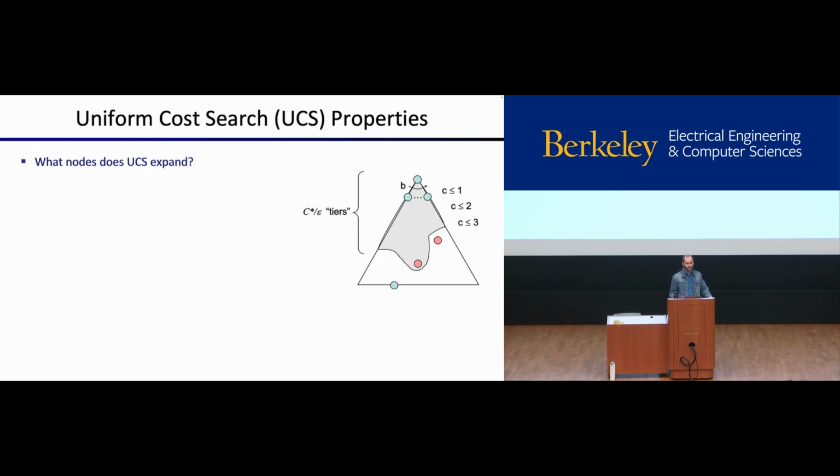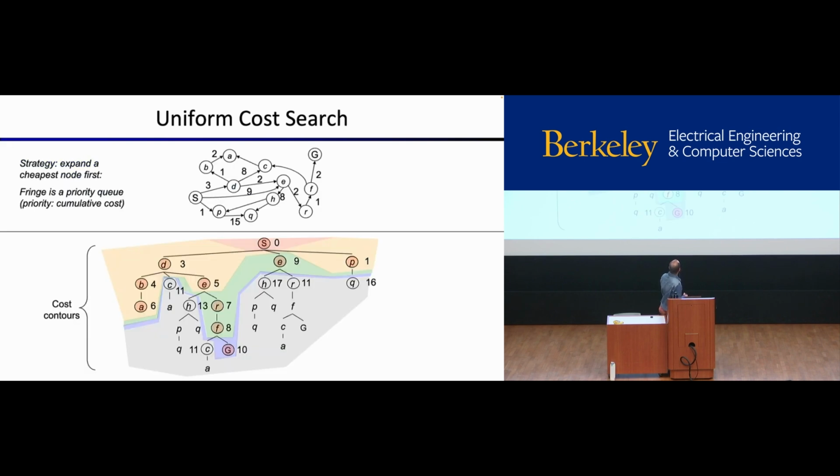Yeah, question? Doesn't P have a cost of 1, so it would be the cheapest? So you're wondering why it wasn't expanded? It was. Then we added Q to the fringe, and now we cross it off. So once we expand it, we cross it off from the fringe, because we've done it.